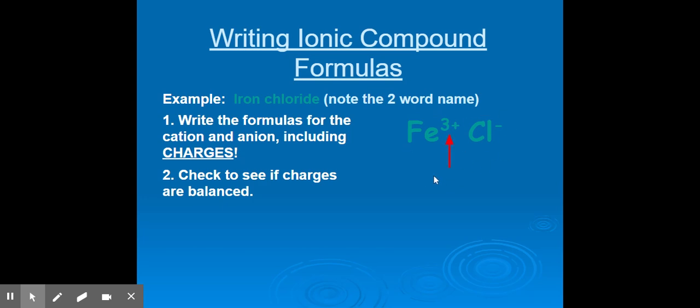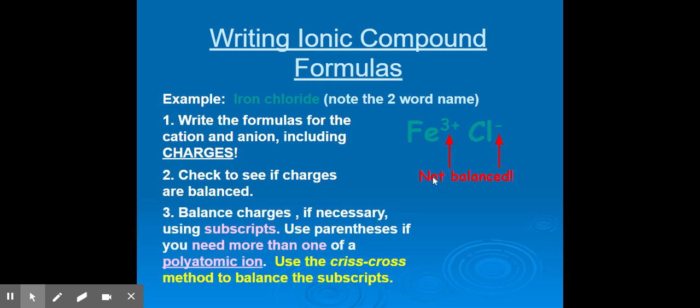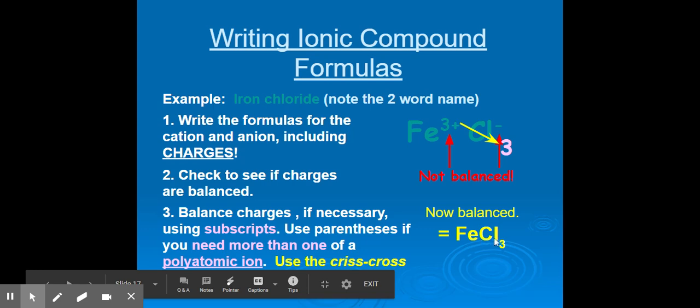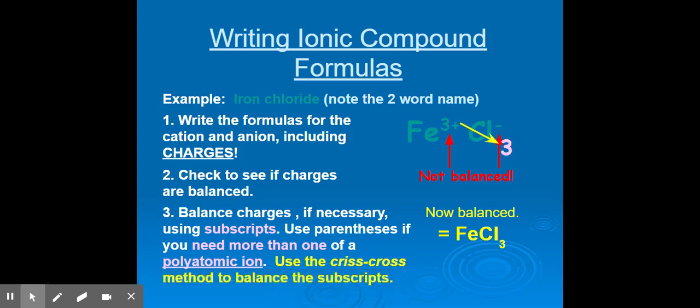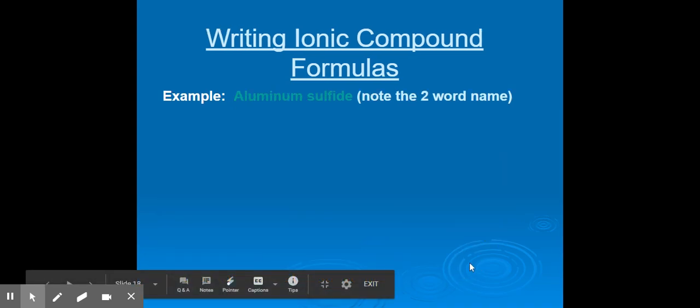And so I'm going to have to crisscross these in order to make them fit. So this 3 will come here, and the 1 technically goes here, but we don't write 1s. So this becomes FeCl3. We're also going to do tomorrow some drawings of Lewis dot structures so that we can visually see how that works as well.